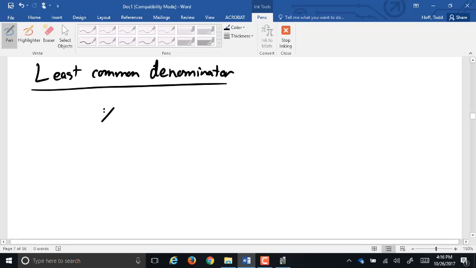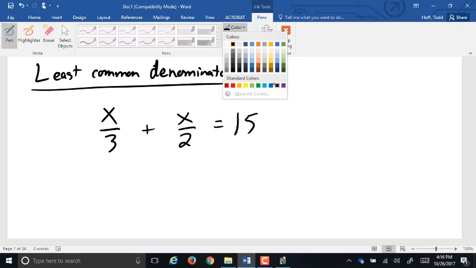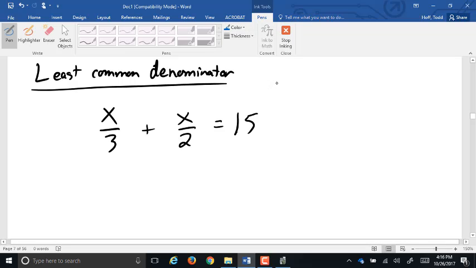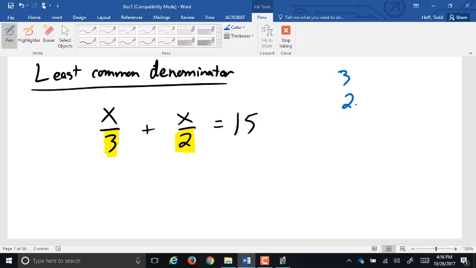So this one, x over 3 plus x over 2 equals 15. First of all, we have to identify what our denominators are here. We've got 3 and 2, right? So for 3 and 2, what is the least common denominator or least common multiple for those? 6, yes.